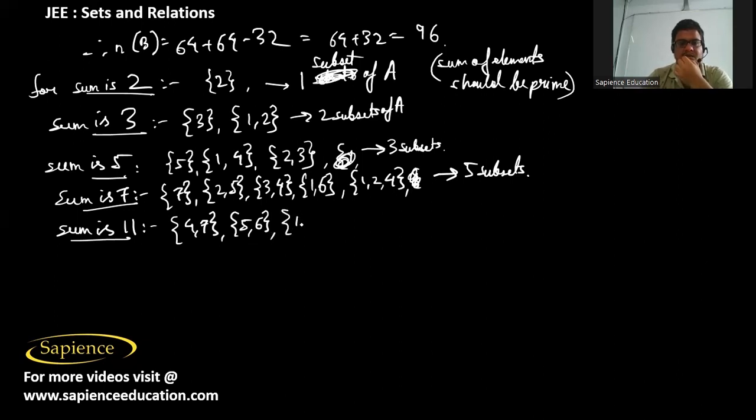And we can take 1, 3, and 7. Then 2, 3, and 6 we can take. And then 2, 4, and 5 also we can take.